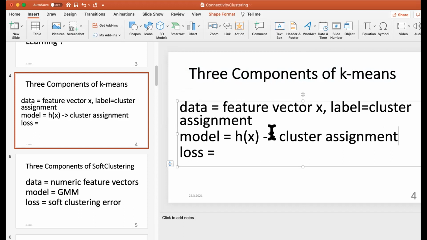So what type of functions does K-means use? How does K-means restrict this assignment of a feature vector to a cluster index? It does not allow for any such assignments. It prefers certain cluster assignments.